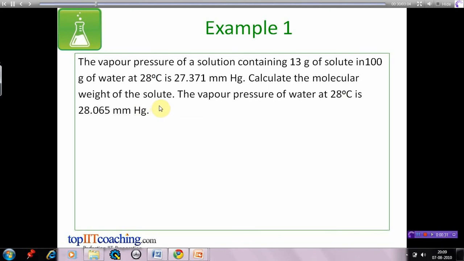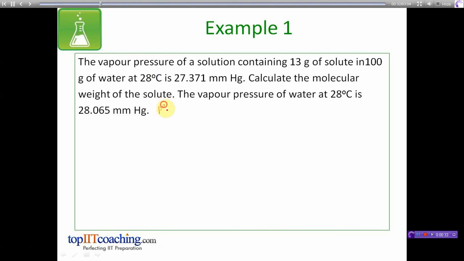Now we know the formula of relative lowering of vapor pressure, that is P naught A minus PA divided by P naught A is equal to XB. P naught A is the vapor pressure of the pure solvent, PA is the vapor pressure of solution, and XB is the mole fraction of the solute. We can further expand XB as NB divided by NA plus NB, where NB is the number of moles of the solute and NA is the number of moles of solvent.